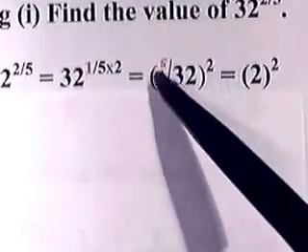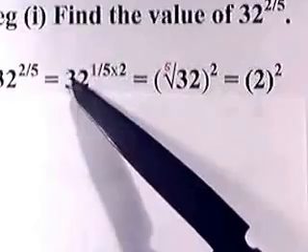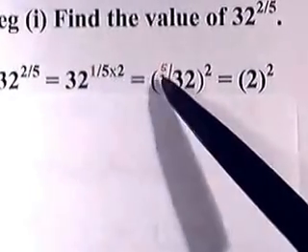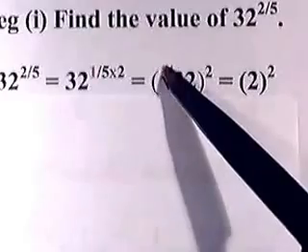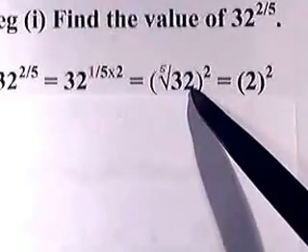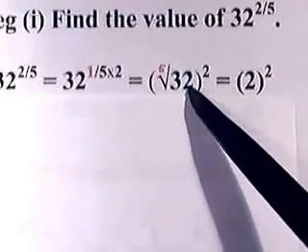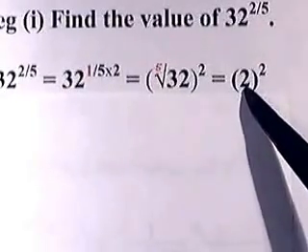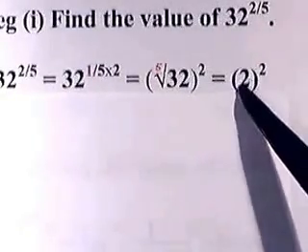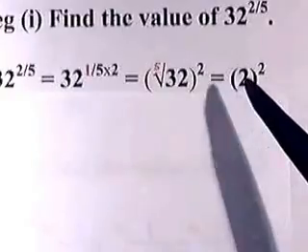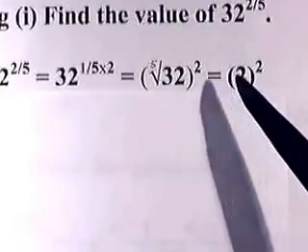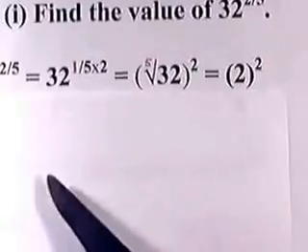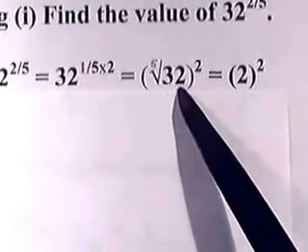Now inside the brackets, because it's 32 to the power of 1/5, it's like saying, what is the 5th root of 32? Well, the 5th root of 32 is 2, because 2 times 2 times 2 times 2 times 2, in other words, I've multiplied 5 2's together, they come to 32.